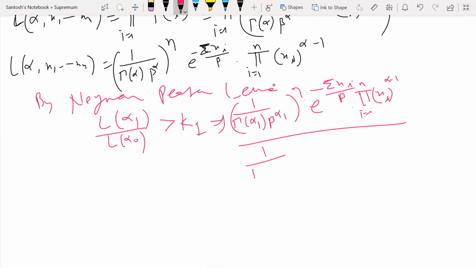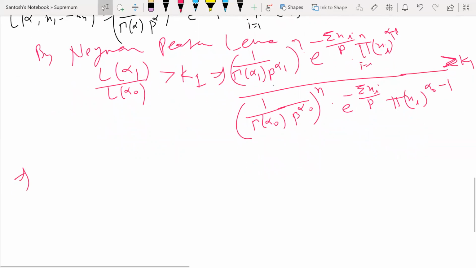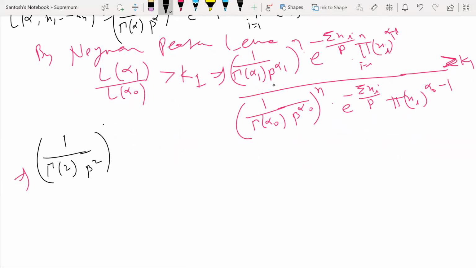Upon the denominator: (1 upon gamma(alpha naught) beta raised to power alpha naught) whole power n, e raised to power minus summation xi upon beta, product xi raised to power alpha naught minus 1. This is more than some constant k1. So let me write it again. In place of alpha 1 we put 2: (1 upon gamma 2 beta raised to power 2) whole power n, and the exponential term cancels out.